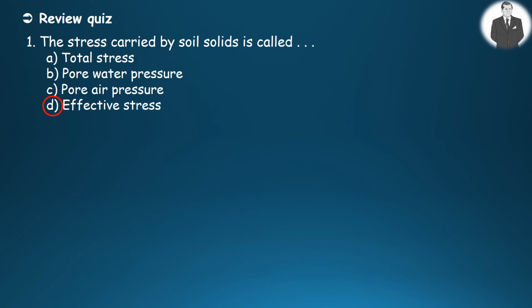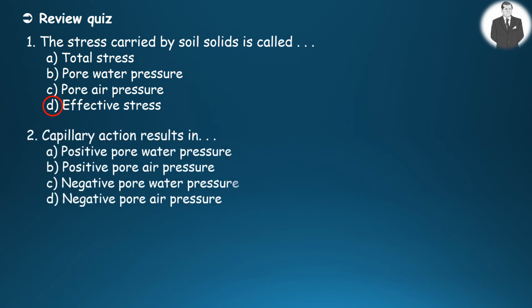Well done. Second question. Capillary action results in what? The answer is negative pore water pressure. Keep going.